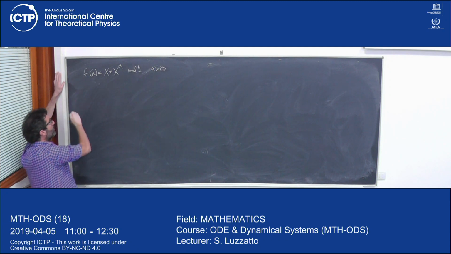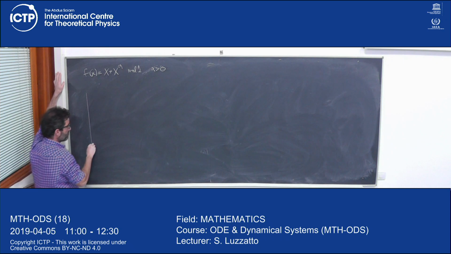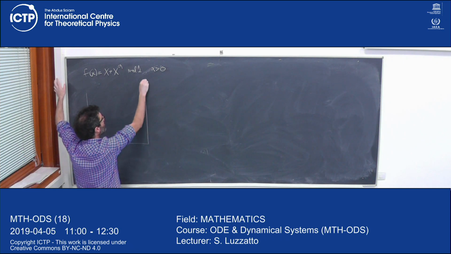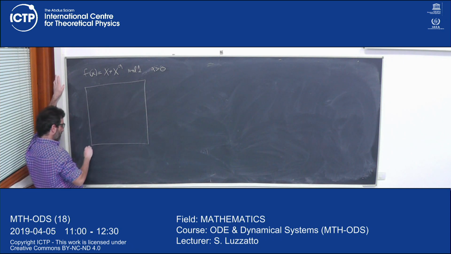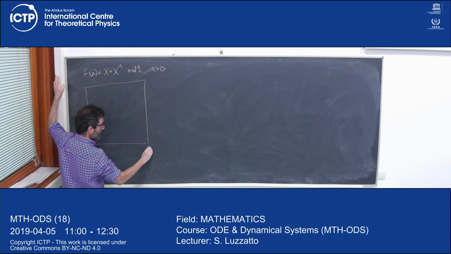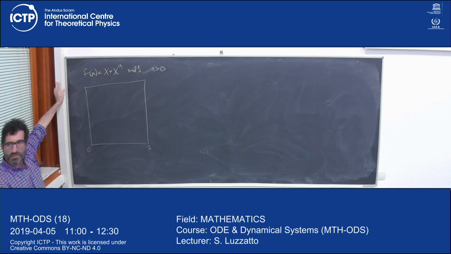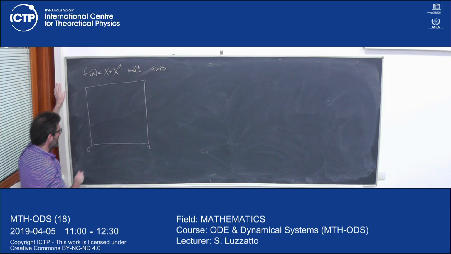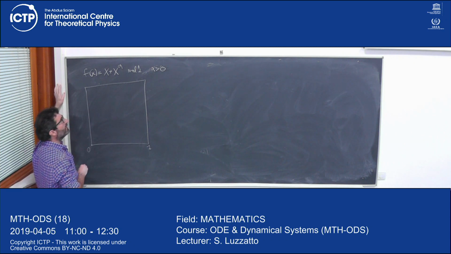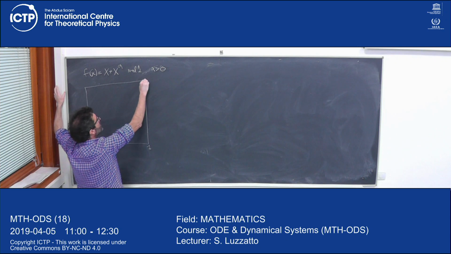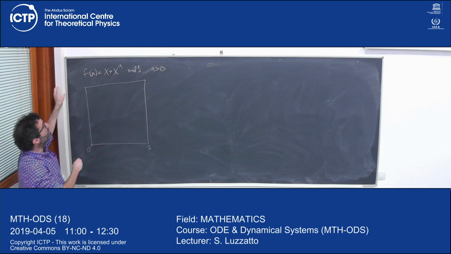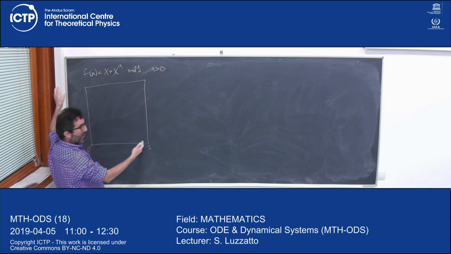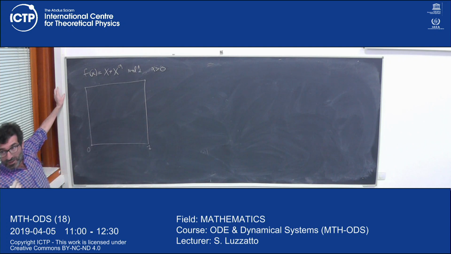And what does this map look like? So at 0 it is equal to 0, right? At 1 it's equal to 2 mod 1, which is equal to 1, okay?